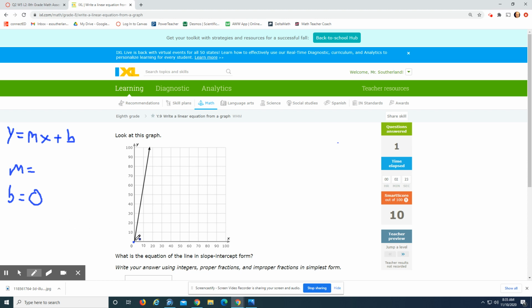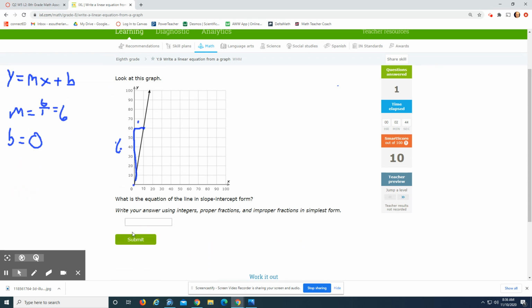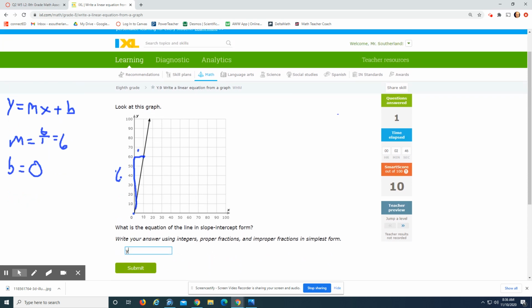And then I can see, well, if it crosses there, it crosses there. It rises 6 and runs 1. So this is 6 over 1, which reduces to simply 6. So when I go down here to type it in, I'm going to type in y equals 6x. I could put plus 0, but it's not necessary.